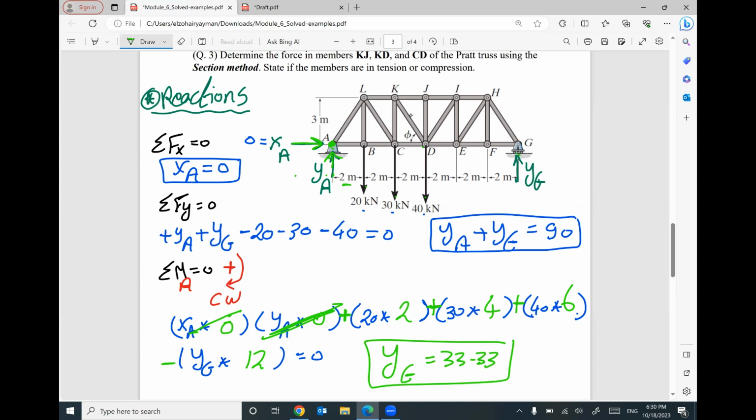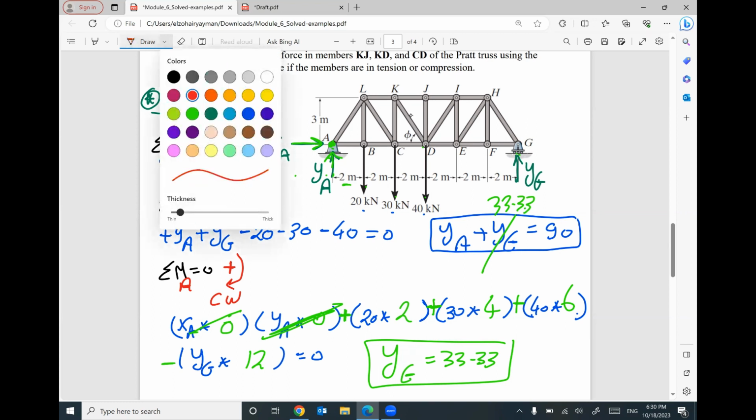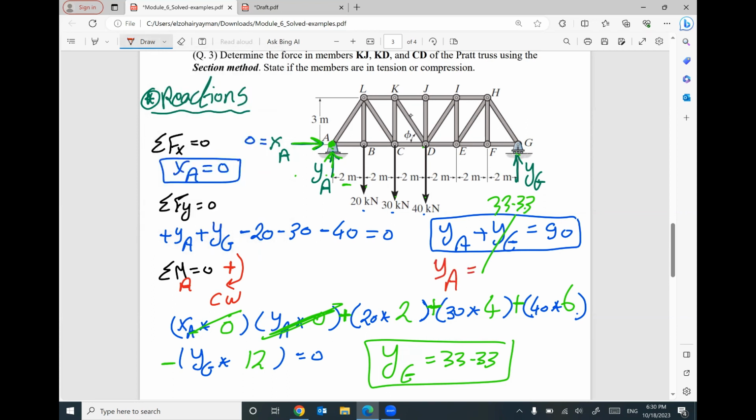Let me check it one more time to make sure I got it correct. Yes. If you go back here and put YG equal 33.33, I think the value of reaction YA will be 56.67.